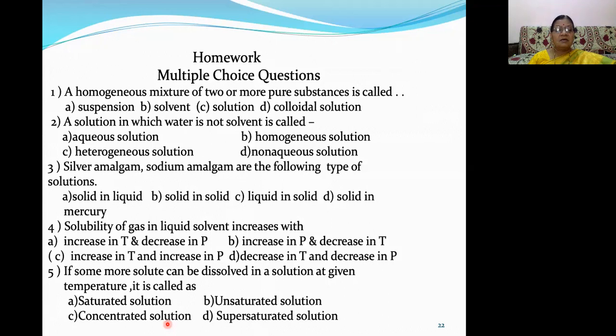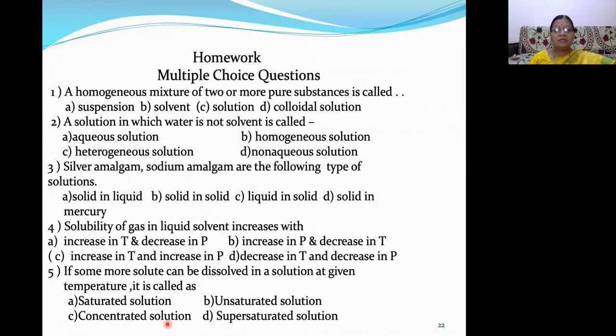You have studied Henry's law. The solubility of gas in a liquid solution is directly proportional to the pressure of the gas above the solution. So in case of gas in liquid solvent, there is a direct relation between solubility and pressure: with increase in pressure, solubility increases. In these options, increase in pressure increases the solubility.